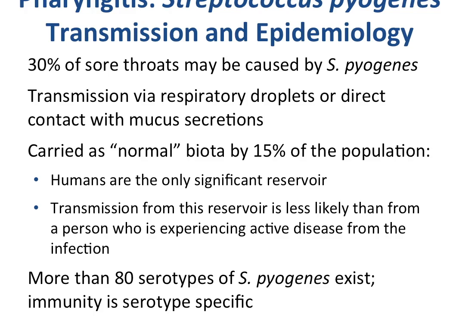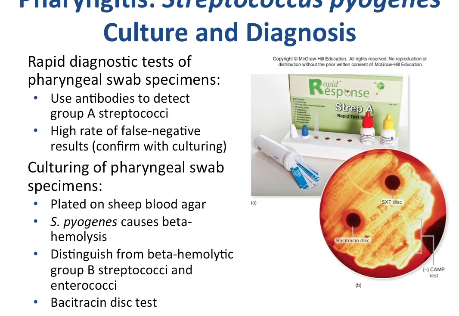Strep has more than 80 serotypes. So the clinic uses the strep test kit. Okay, however, this kit has a higher false negative. So that means if the test is negative, that doesn't mean the patient doesn't have the strep.